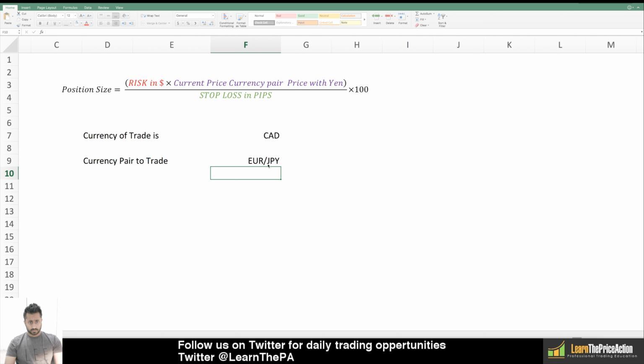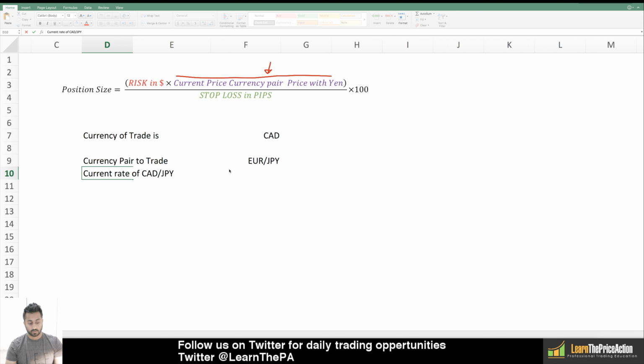Okay, so let's say you want to trade a currency pair which is euro yen. The first step is to find the current rate of Canadian dollar with yen, because if you want to trade a yen pair, you need to know the current price of your account currency against the yen.